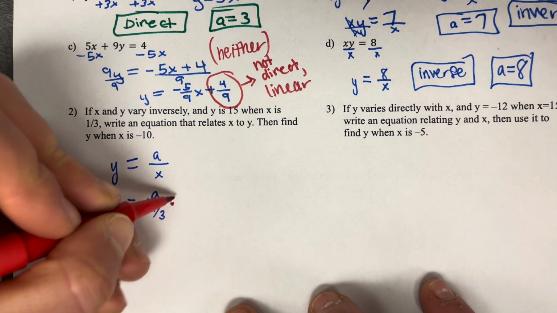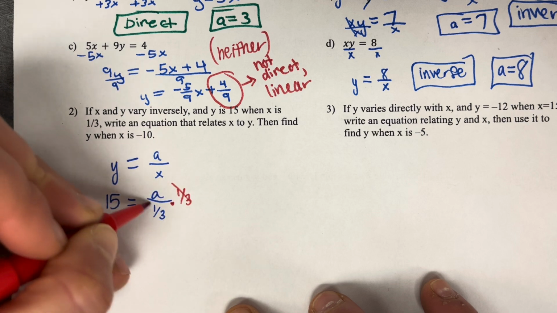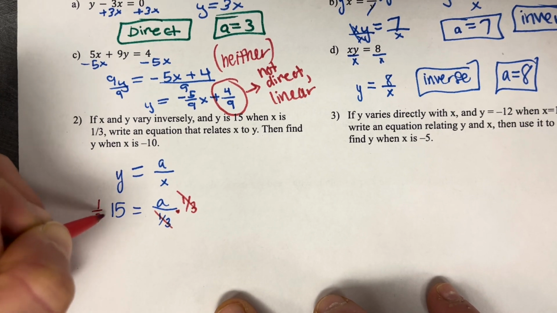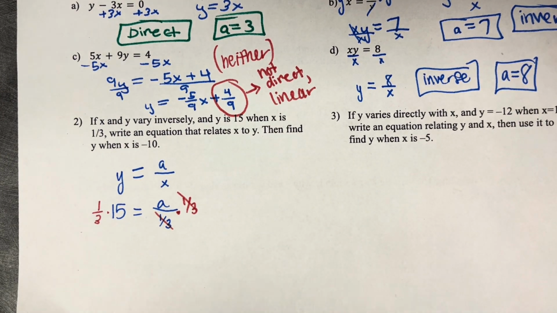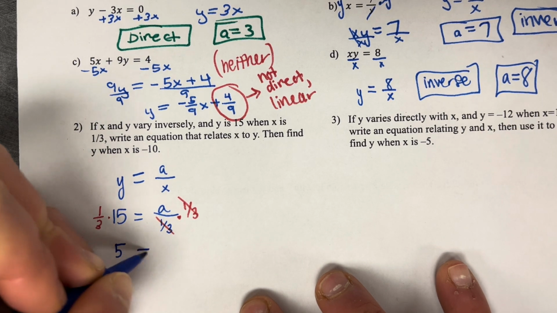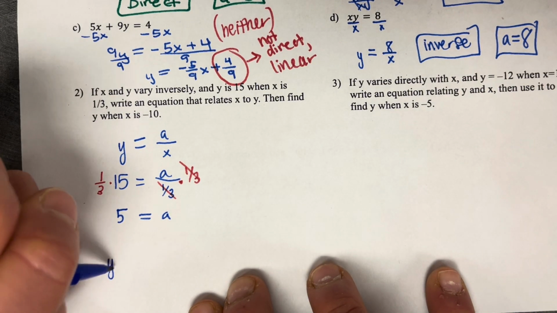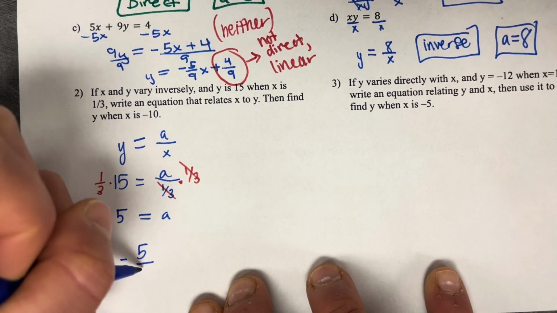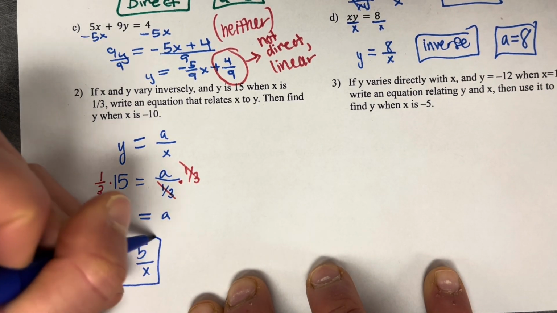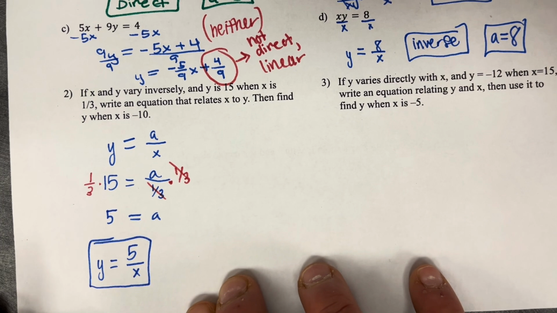So let's multiply by 1/3 on both sides, get rid of that 1/3. 1/3 of 15 gives us 5. So our constant of variation is 5. Let's put it back into the equation. Y equals 5 over x. There's our inverse variation equation.